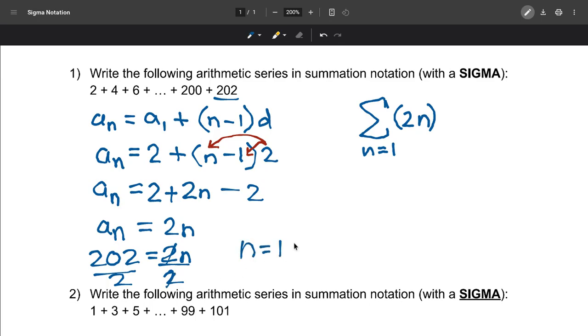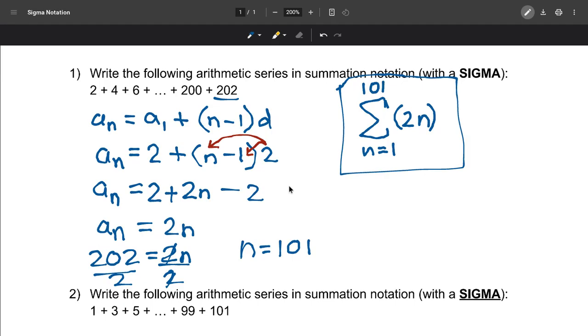So there are 101 terms in this series, and so we'll put 101 on top here. And that's it. We've written this first one in summation notation, and we use that Greek letter sigma, which I think is pretty important to note.